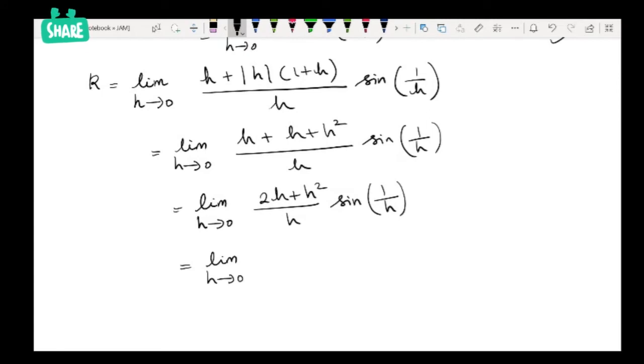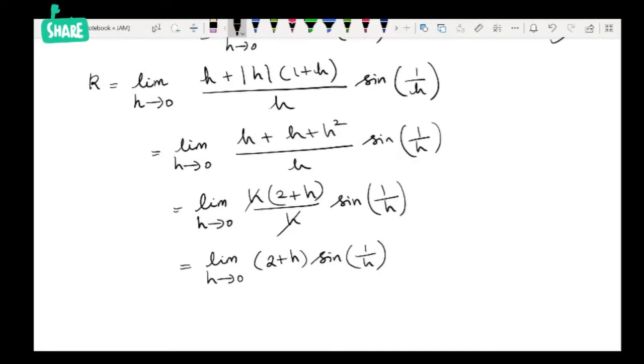Taking h common, we'll be getting h into 2 plus h. We can cancel 1 h and we are left with 2 plus h into sine 1 by h.